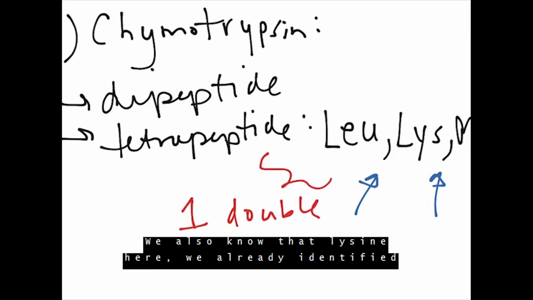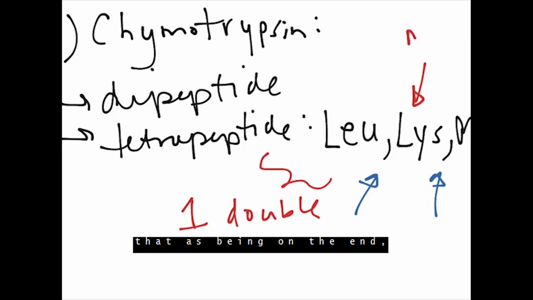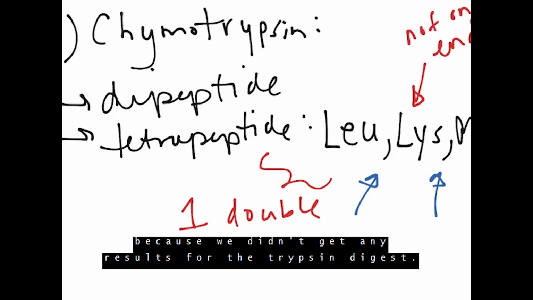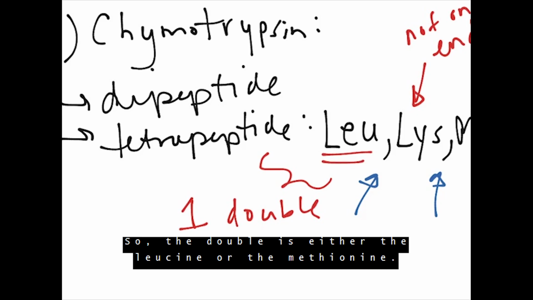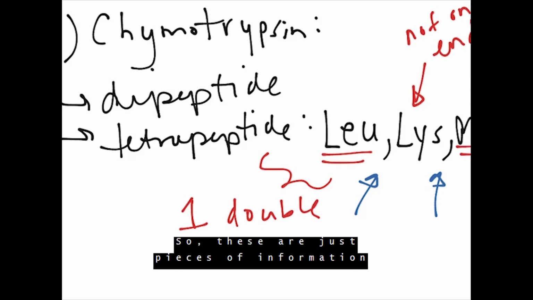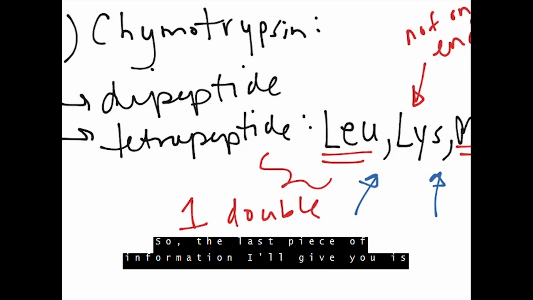We also know that lysine here, we already identified that as being on the end because we didn't get any results for the trypsin digest. So that's suggesting that lysine is not the double. So the double is either the leucine or the methionine. So these are just pieces of information that we're getting as we go along.